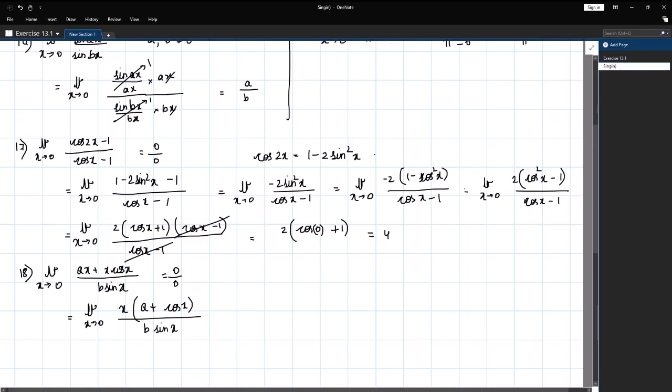We can send this x to the denominator. We'll have limit x tends to 0 of (a plus cos x) divided by b sin x by x. This will be equal to 1. So what is remaining here is a plus cos 0 divided by b, that is a plus 1 by b.